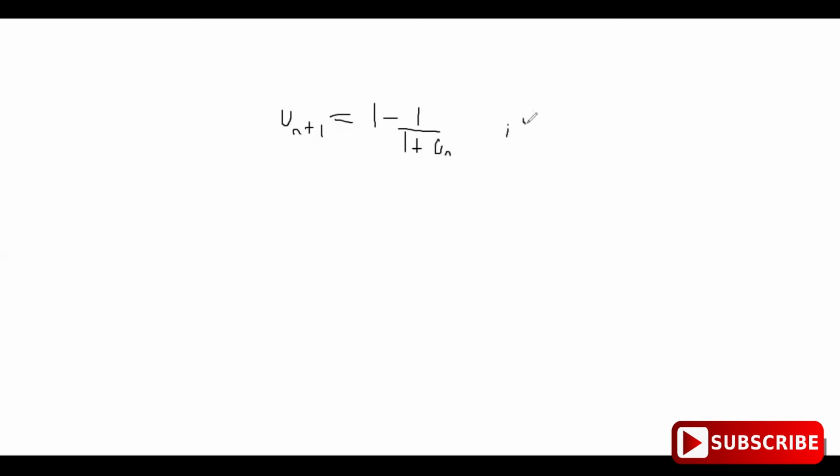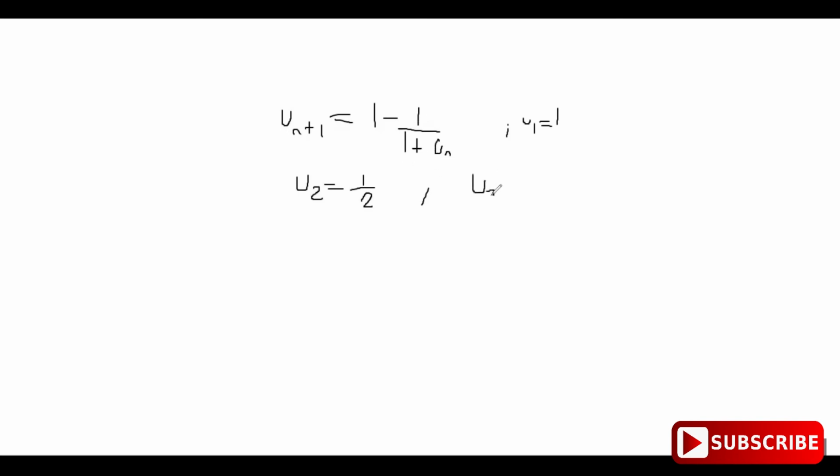They told us that u1 is 1. If you're to find u2, you're going to see that u2 is 1 minus a half, which is a half. Because if you put 1 right here, you get 1 over 1 plus 1, which is 1 over 2, and 1 minus 1 over 2 is a half.